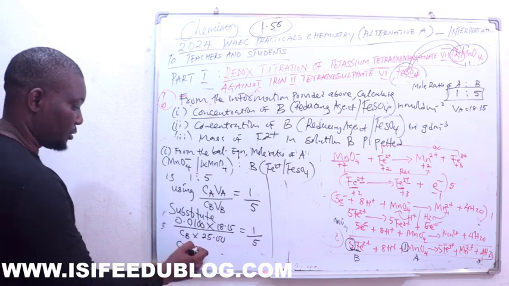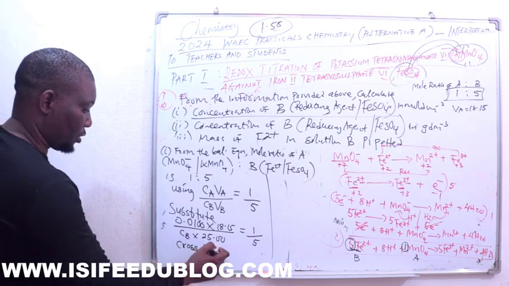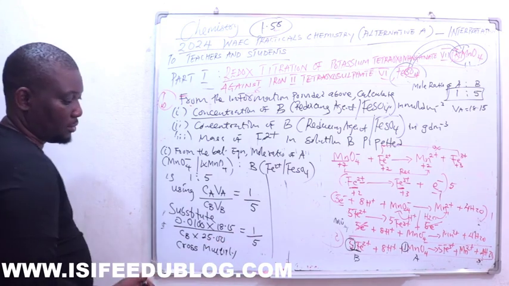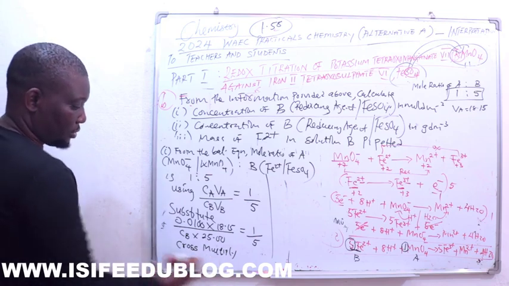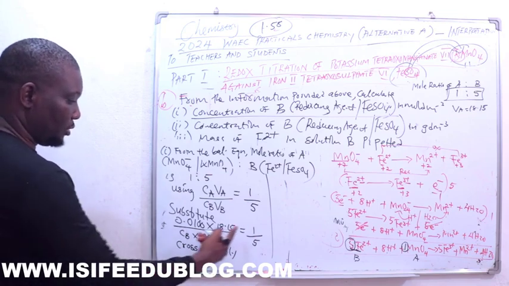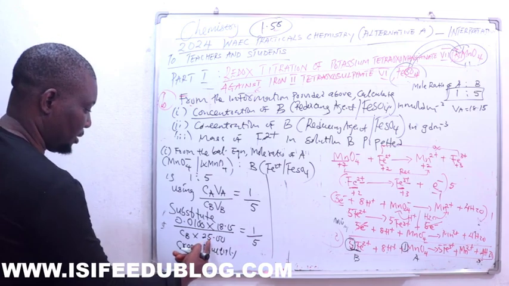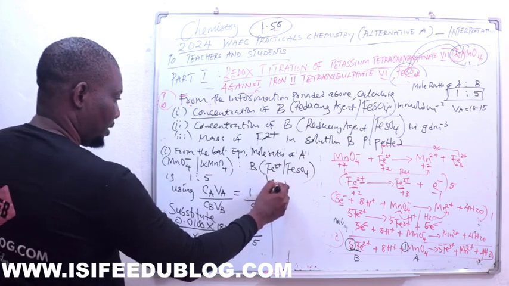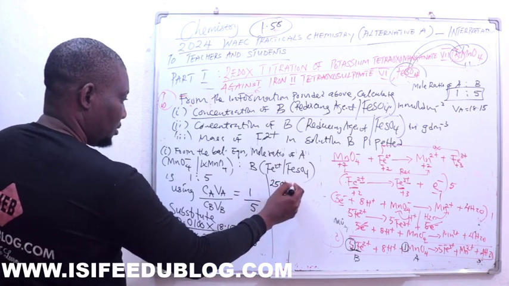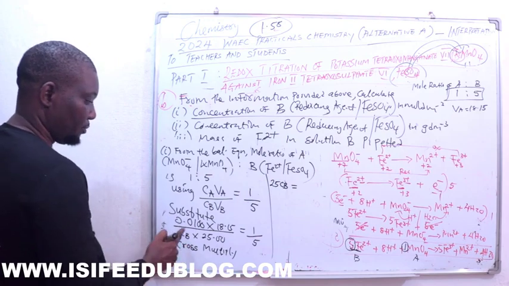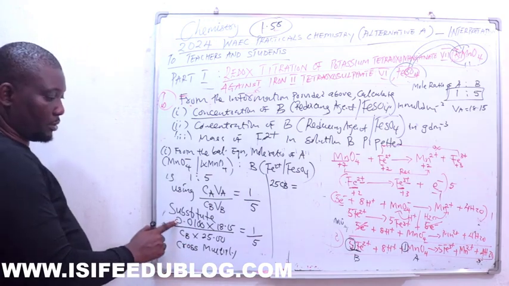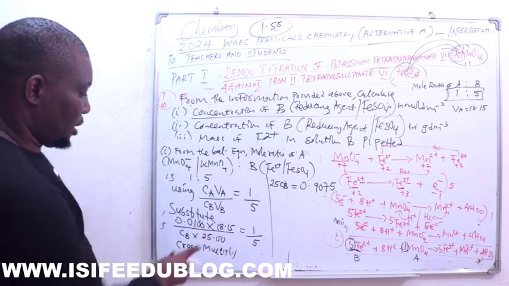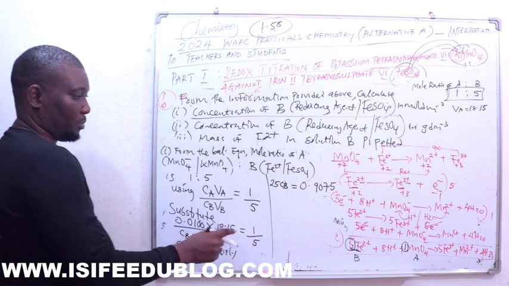Okay, so let's do it. We want to cross multiply. So write it here, you don't need to do this. The strategy here now is that we multiply this by this and this by this. So you'll have 25 CB equals this times this. That is the rule of cross multiplication.